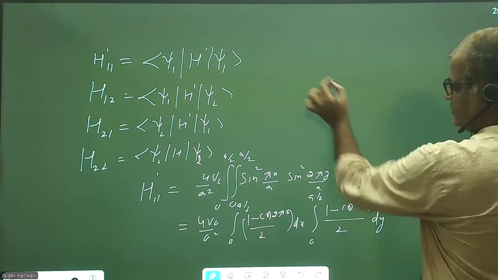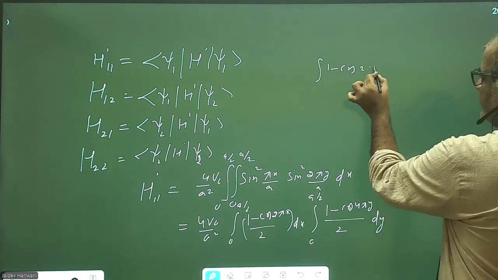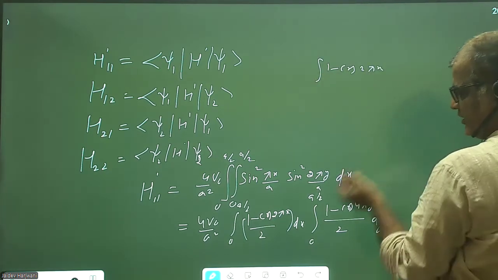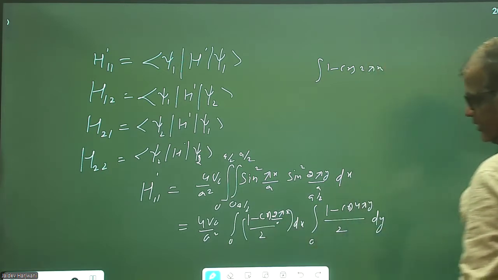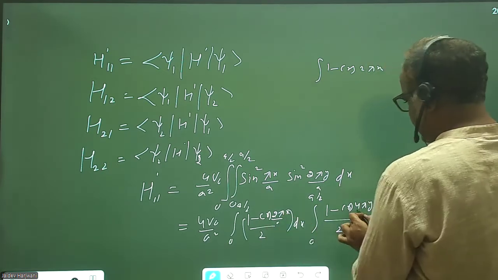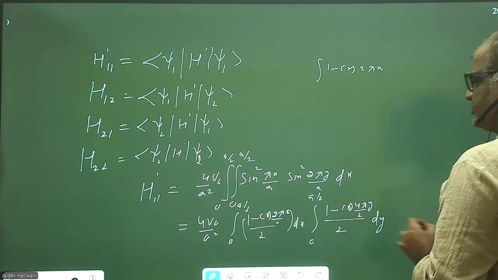So I am solving first this integration, 1 minus cos 2 pi x by a, with 1 by 2 here. We have solved this earlier also many times.